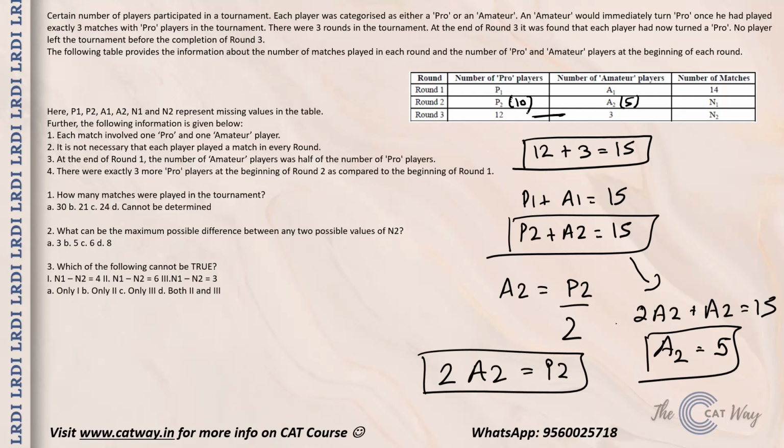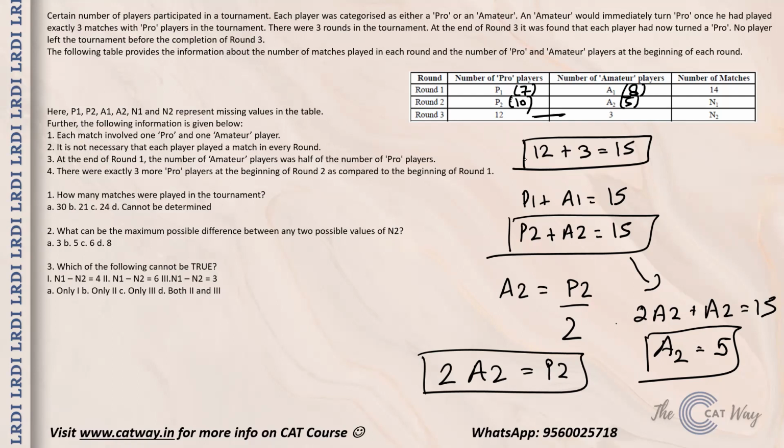The next statement tells us there were exactly 3 more pro players at the beginning of round 2 as compared to the beginning of round 1. So at the beginning of round 2, we have 10 pro players, which are 3 more than pro players at the beginning of round 1. So at the beginning of round 1, we had 7 pro players and 8 amateur players. Now all these values are filled.